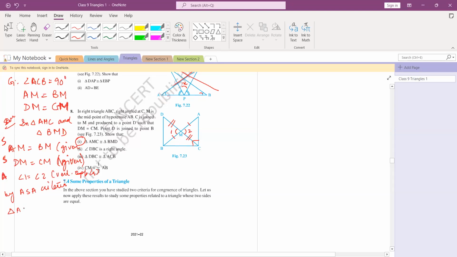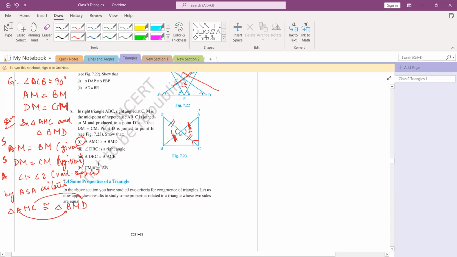So triangle AMC is congruent to triangle BMD. Now this is very important. A is mapping to B here, and C is mapping to D here. So don't flip it and write DMB or whatever you wish. Not like that, because this side is equal to this side.